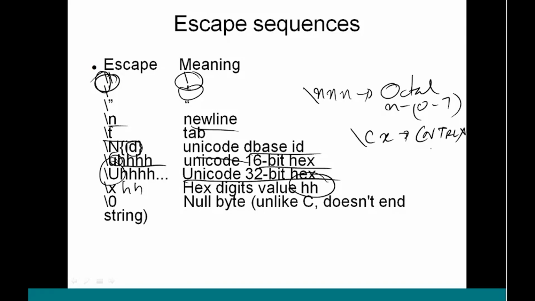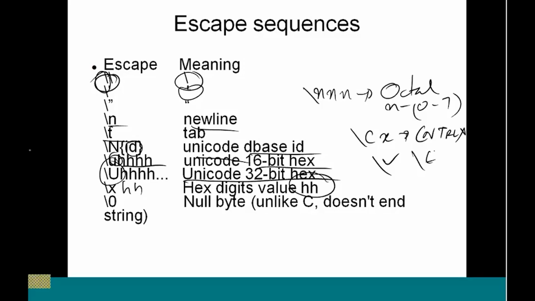And there is also a vertical tab that you can instantiate, which is backslash v instead of backslash t. Similarly, there are plenty of other characters, because it's Unicode, which has a rich set of various characters.